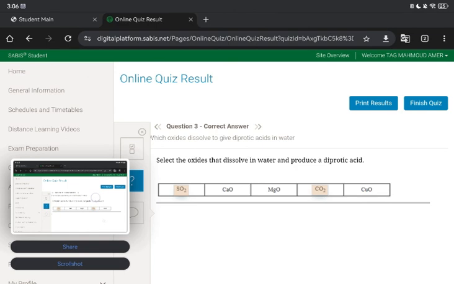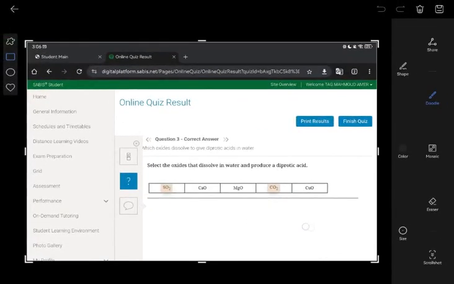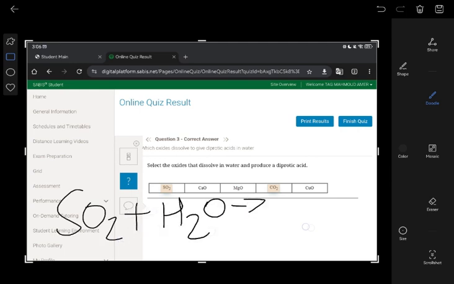Which ones dissolve in water to produce a diprotic acid? So that means, for example, SO2 plus H2O. What does it give you after it dissolves in water? H2SO4. Or SO3, sorry.